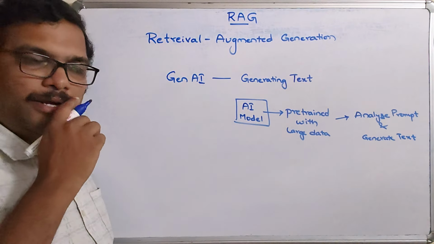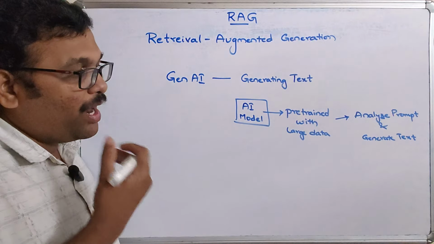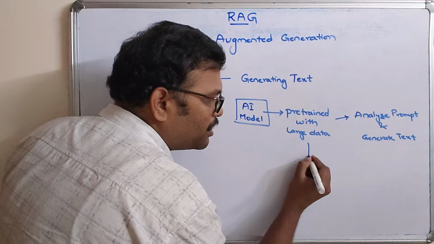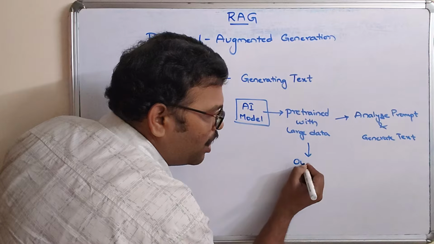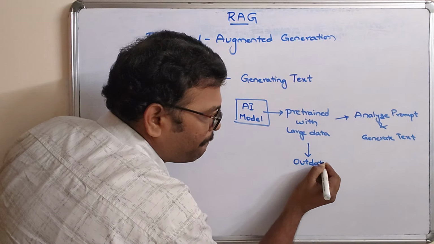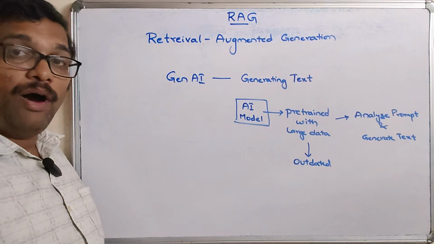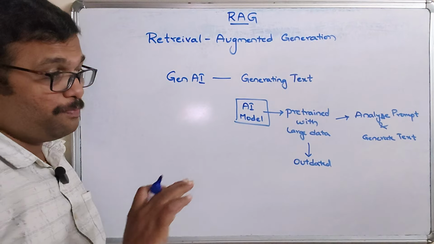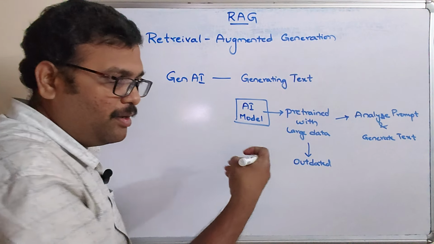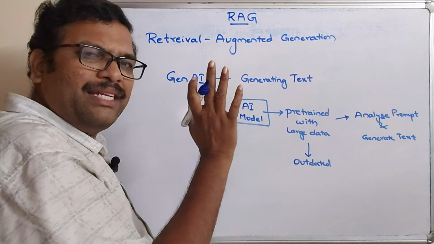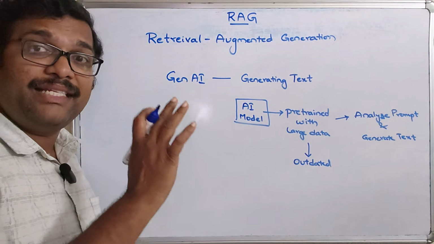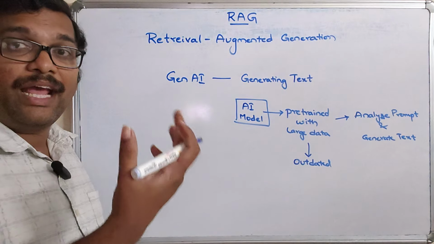Here, what happens if this large data is outdated data? We are training this AI model with a large, massive amount of data, so if the data is outdated, what happens?